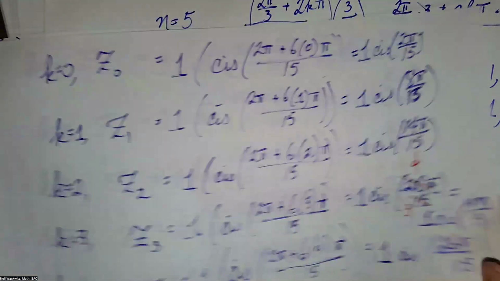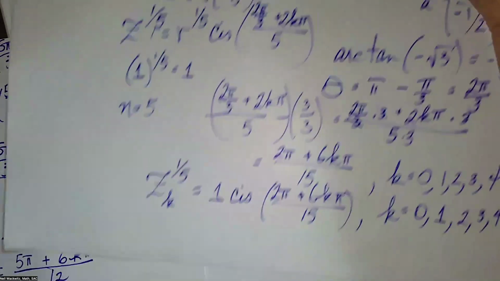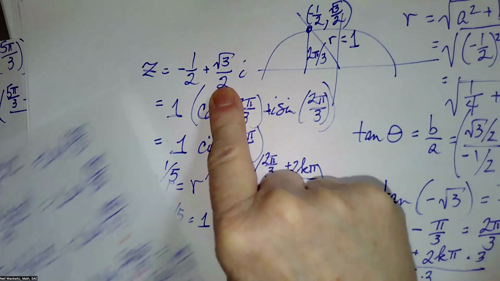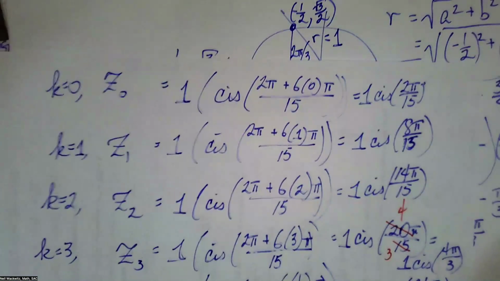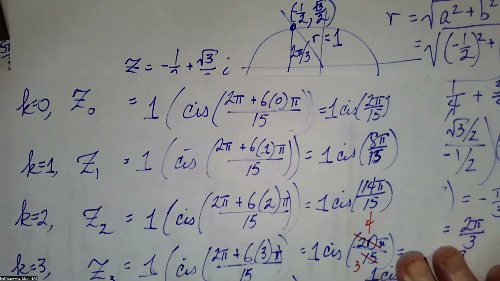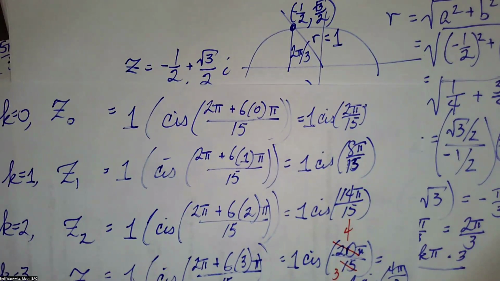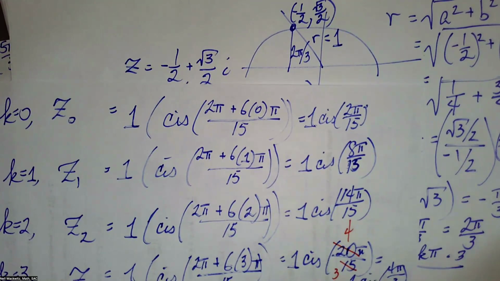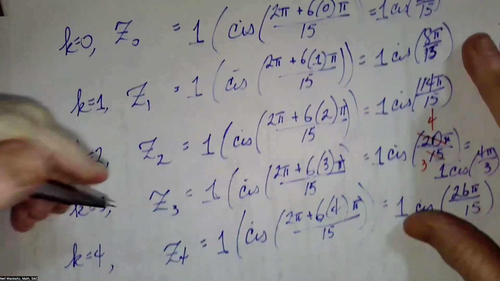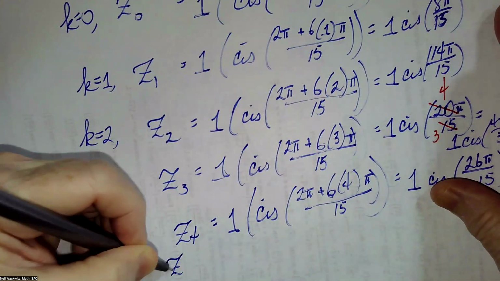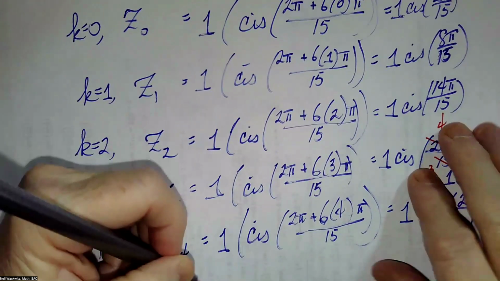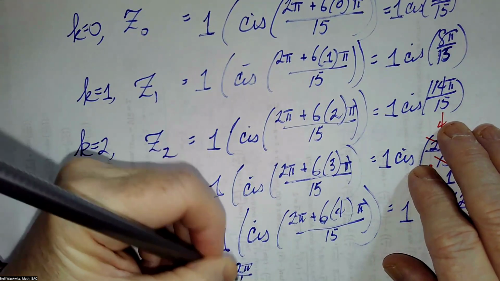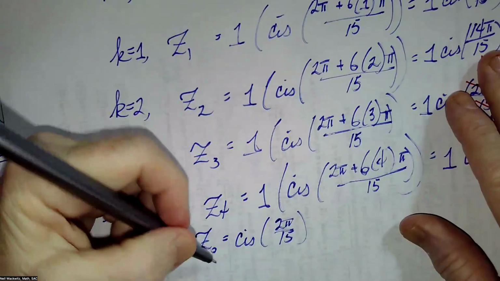Now, this one, we started with a point in rectangular coordinates. So we need to write our answer in rectangular form, but we have some really bizarre angles. So this is great fun. We've got z naught is this 2 pi over 15.